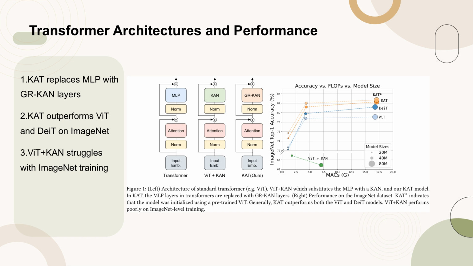Notably, KAT, which uses pre-trained ViT weights, generally outperforms both ViT and DeiT models. In contrast, ViT plus KAN, despite its architectural modifications, faces significant challenges during ImageNet-scale training, resulting in poor performance. This highlights the scalability and efficiency advantages of KAT over other transformer variants.